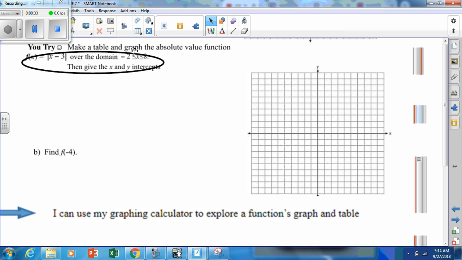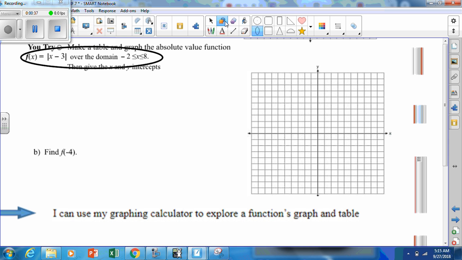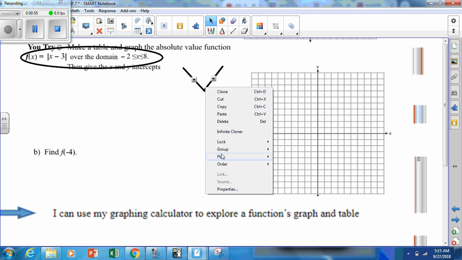And when the absolute value is negative, let's see if I can group these. When they're negative, what's going to happen is that I'll be seeing something that looks like this. So keep that in mind when we're working with these absolute value type problems.